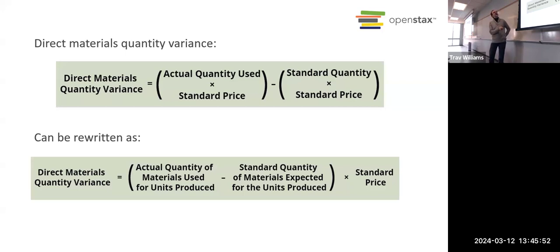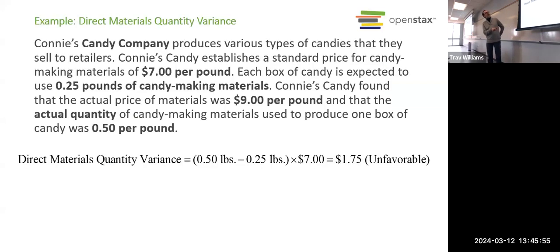I think we're back to the candy company here. Same data, exact same data we were working with, but now we're looking at quantity variance, right? Before we were looking at price variance, now we're looking at quantity variance. So here in the simplified version, we're taking the actual quantity minus the standard quantity. And then we're multiplying that by the standard rate of $7 per pound.